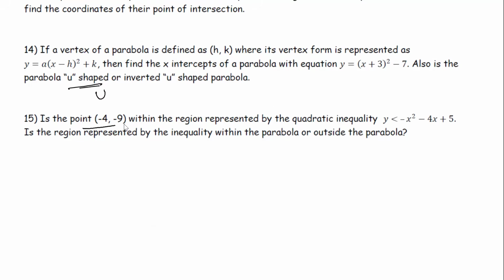Last one. Is the point -4, -9 within the region represented by the quadratic inequality? First of all, plot this parabola. How do you plot this parabola? By equating it to 0. Let the y be 0 and solve it.